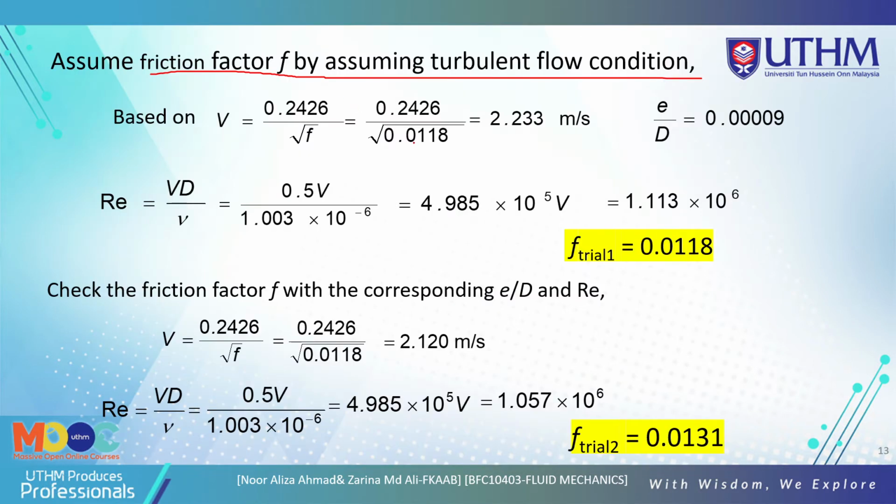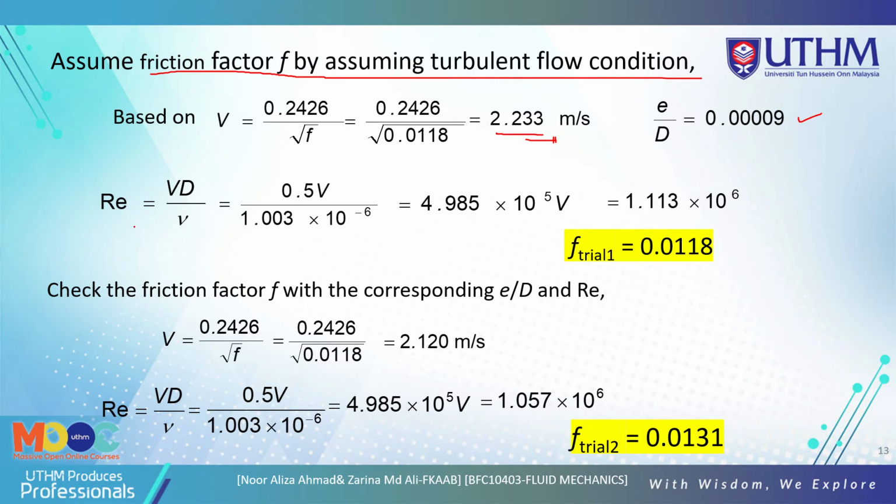So in this question we use f as 0.0118. After you get f here, you get the velocity as 2.233, and E over D is the same, 0.0009.